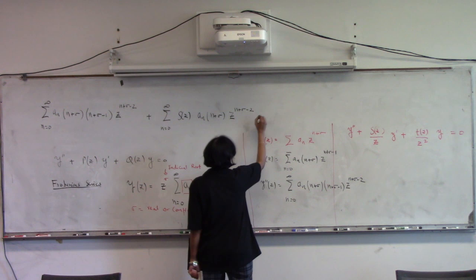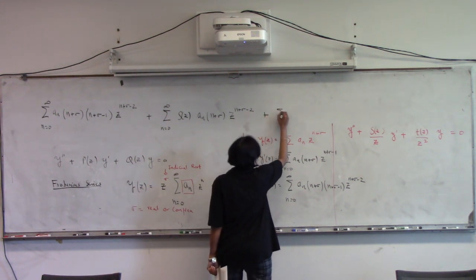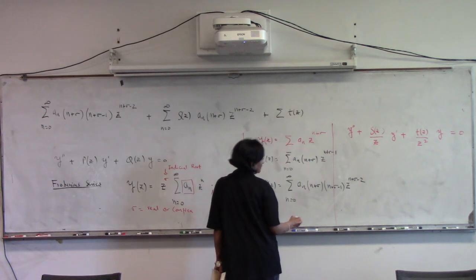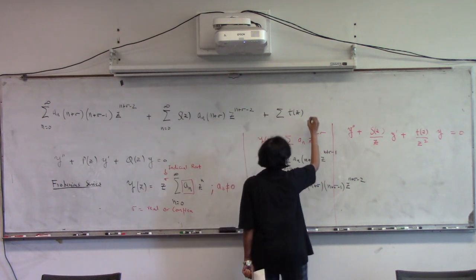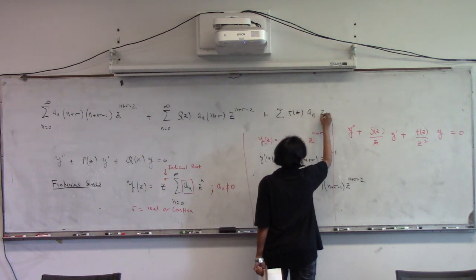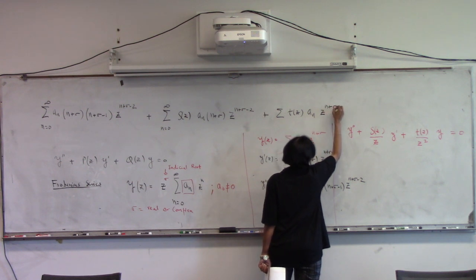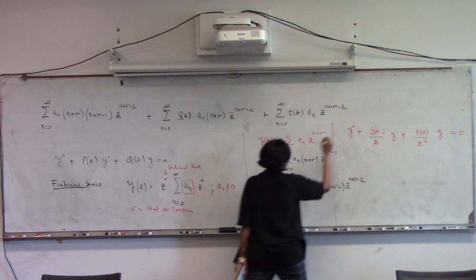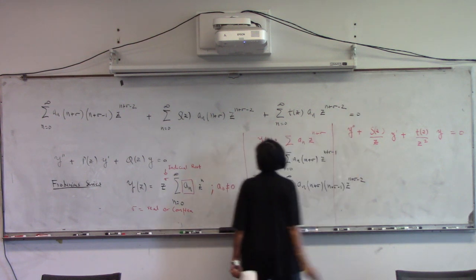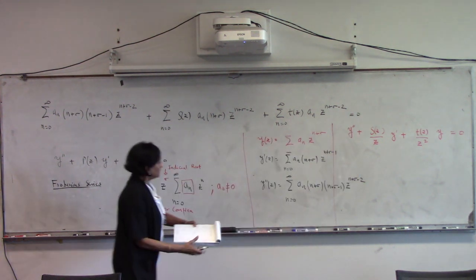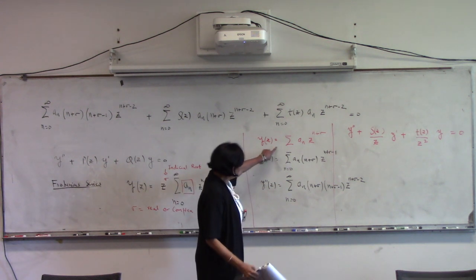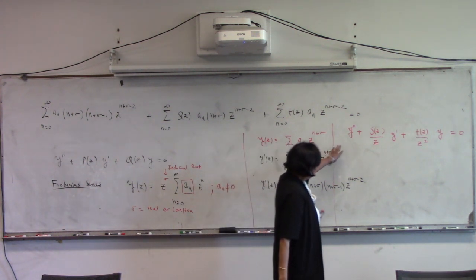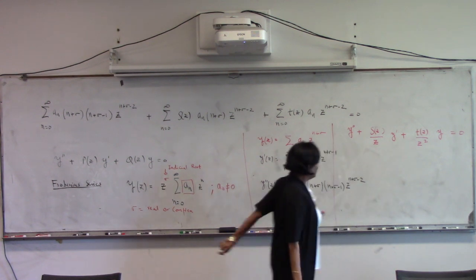And then the last term is plus t of z, y is that, which is a sub n z to the n plus sigma. All right, so all I've done is start with the Frobenius series, take the first derivative, second derivative, and plug it into this equation.